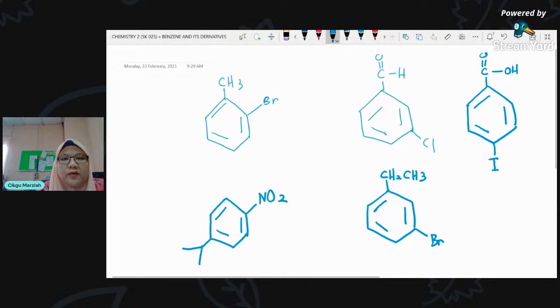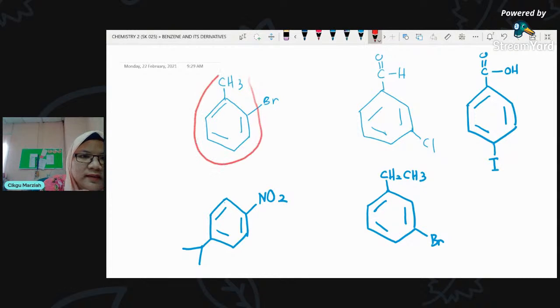So now, first of all, this benzene consists of two substituents. Okay, so kita tengok ada tak yang macam nama yang ada dalam list 6 tadi. So for the first one, if you look at here, it is a toluene. Okay, so adalah nama dalam senarai itu. Okay, so kita nampak tadi ada nama toluene.